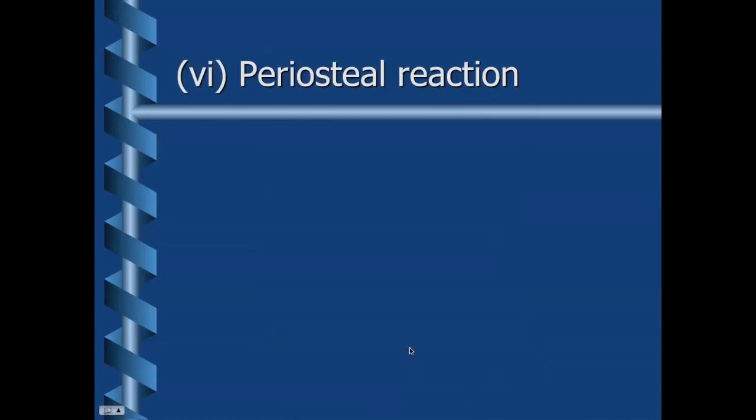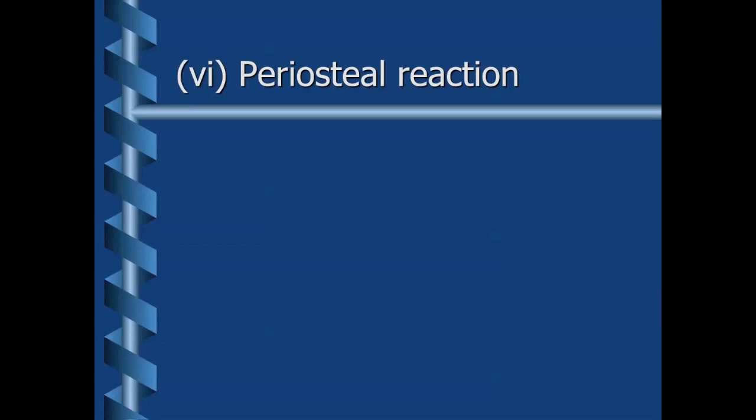Okay, the final issue we want to tick off today is the periosteal reaction, and again, this is a highly important indicator of certain bone lesions, particularly tumours, fractures, and infection of bone. This is really important.